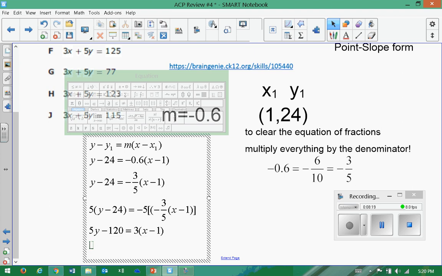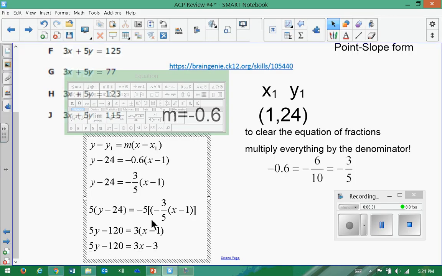Okay, let's go ahead and simplify. Okay, now I don't want to make a mistake. Let's see, it looks like I made a mistake of multiplying by negative 5 on one side and 5 on the other. So let's fix that. I should have just multiplied by 5.